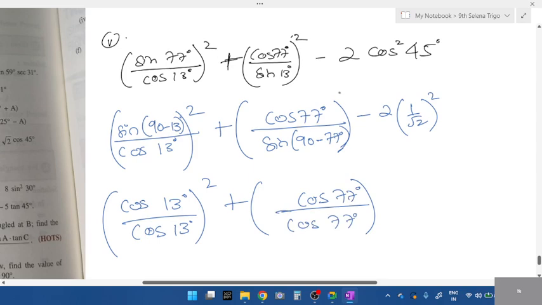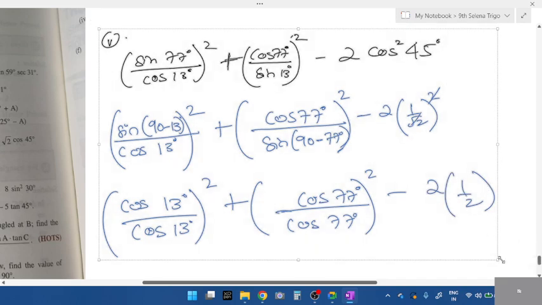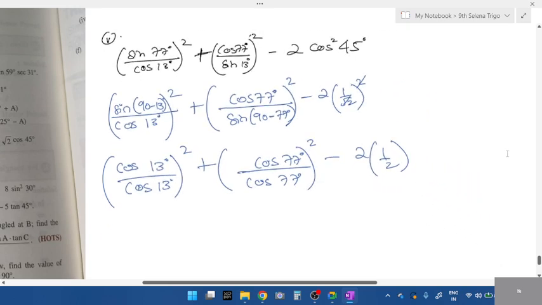Cos 77 whole square, right? Minus. Square and square get cancelled. What is left? After this, what is cos 13 by cos 13? Correct.